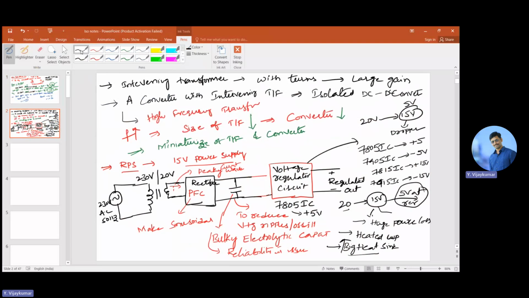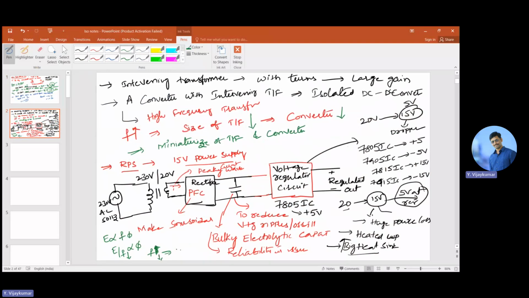Now I wanted to comment here. Voltage is proportional to frequency into flux, so the voltage to frequency ratio is proportional to flux. As frequency decreases, flux will increase, and that improves the Bmax.